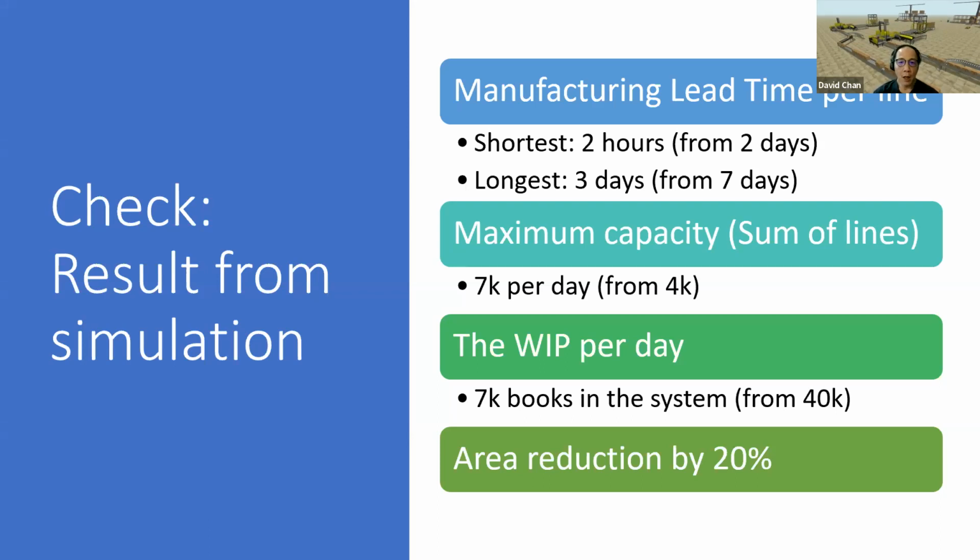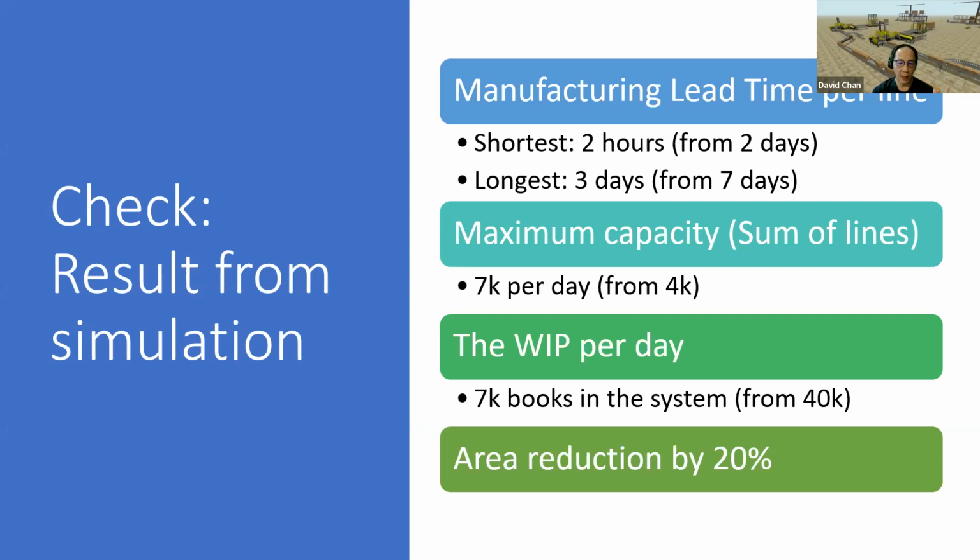So through the simulation, we are able to show management that by implementing Lean, we improve the whole processing time from 2 days to 2 hours, and 7 days to 3 days. About the maximum capacity, because it is now an individual line and no longer a mix of products going through the same line, we see the maximum output from the line is 7K.